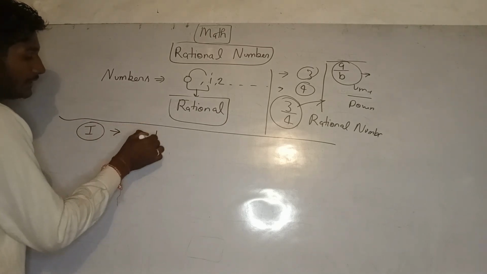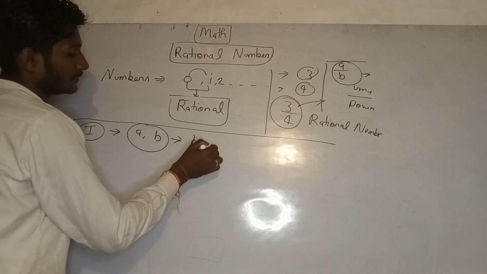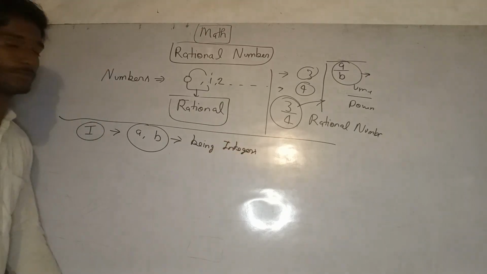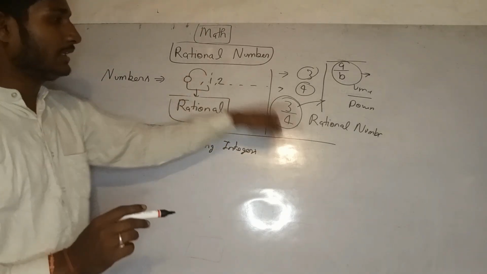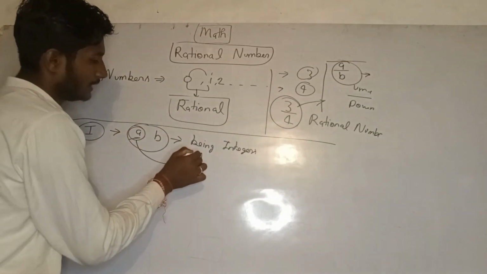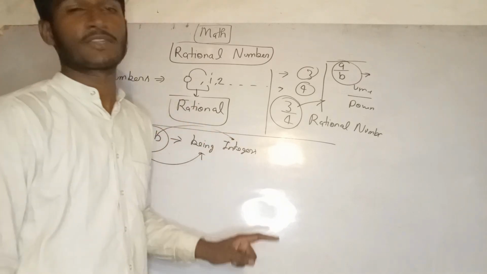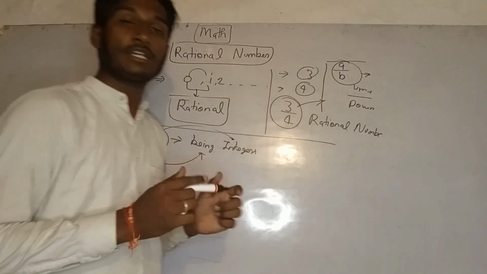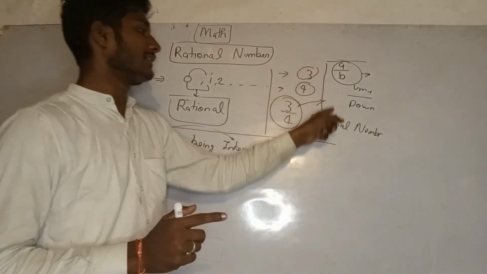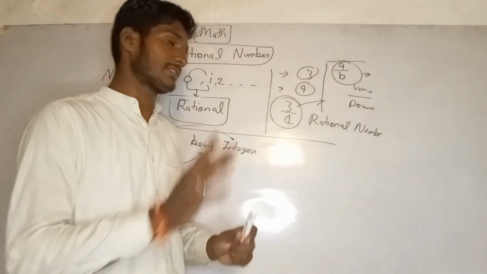That a and b must be integers. If we can write a upon b, then a should be an integer and b should also be an integer. If both are integers, then we call it a rational number. Otherwise, we do not call it a rational number.